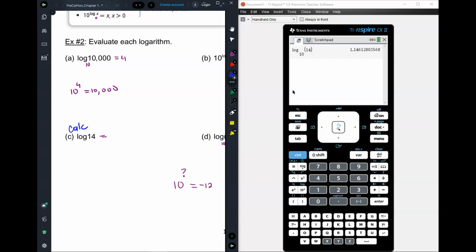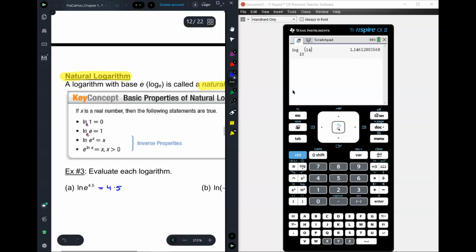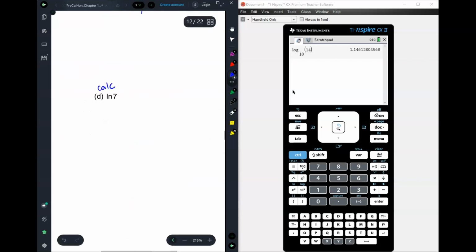So it's 1.146. We should all get the same answer here because there is no variation. If you have a rounding error, like 5 versus 6, that will not be full credit, because at this stage, we all know how to round.